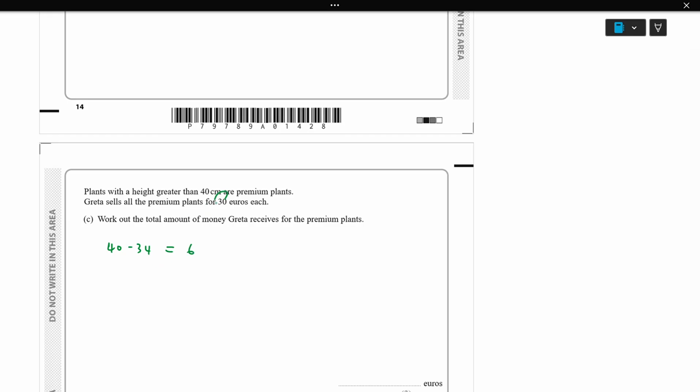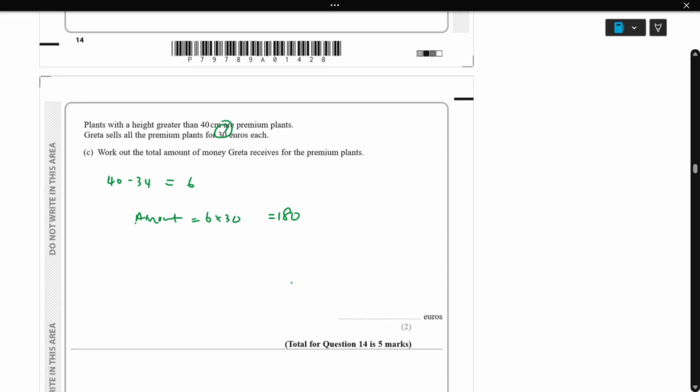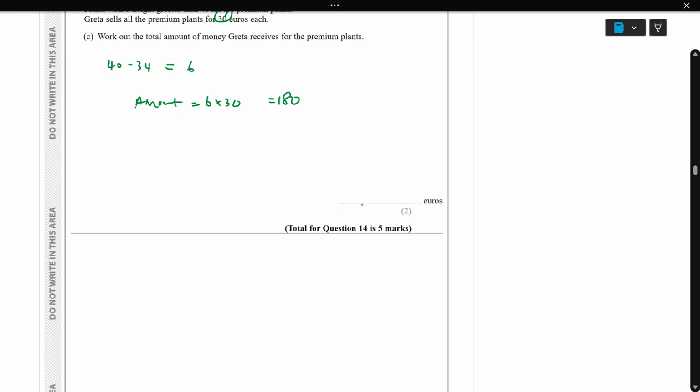Each one is 30 euros, so the amount equals 6 times 30, which is 180. So the answer is 180 euros.